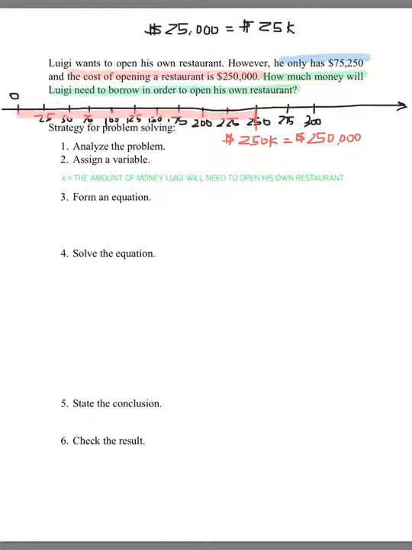Where's he at right now, though? Currently, he only has $75,250. So start off at 0, and we'll go up to 75,000 and a little bit more. So that's where Luigi's at right now.